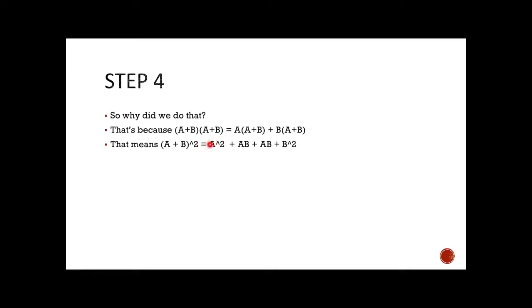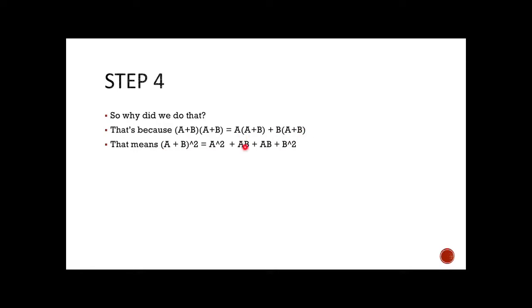That means the things outside must multiply the things inside. You see? The things outside are basically a plus b, multiplying the things inside, which is also a plus b. You can individually multiply those, like a times a plus b, plus b times a plus b. You see?